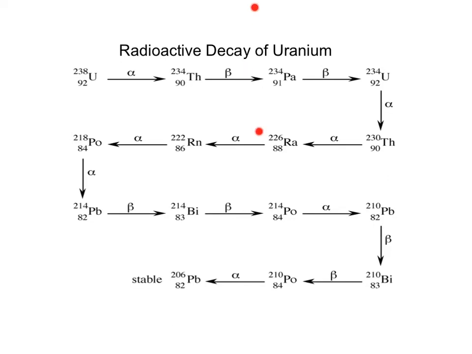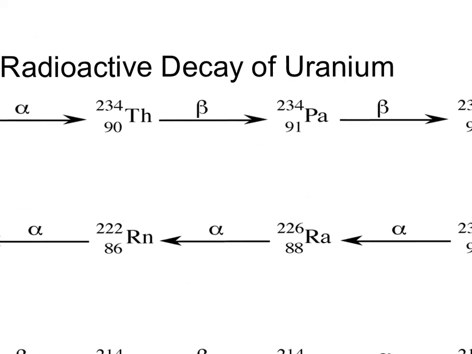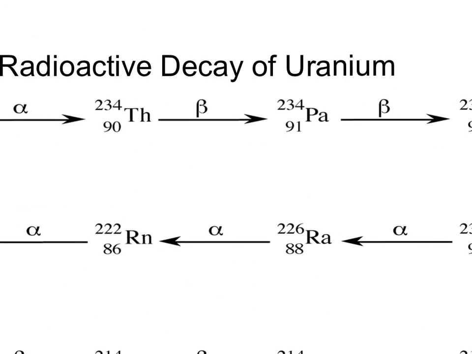If you look at what's going on with the beta here, remember beta is the electron. So you would write here thorium forms protactinium plus an electron, right?